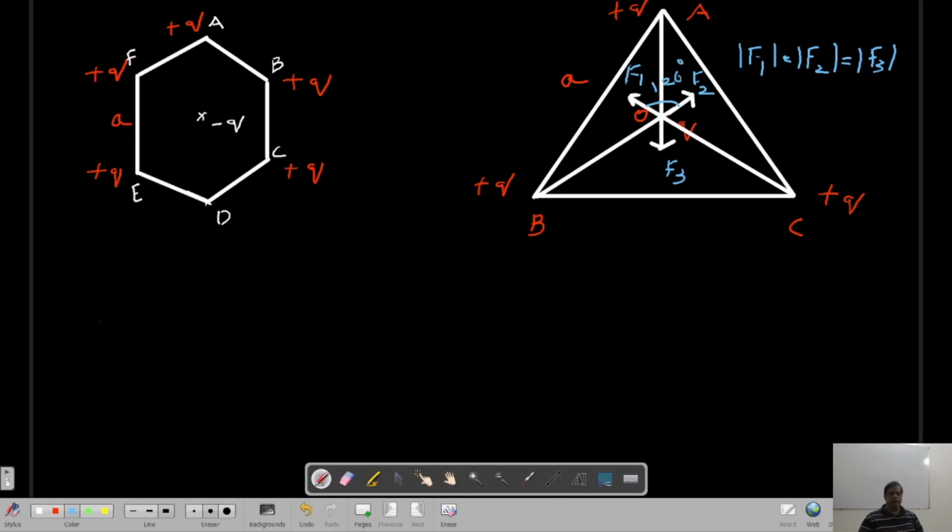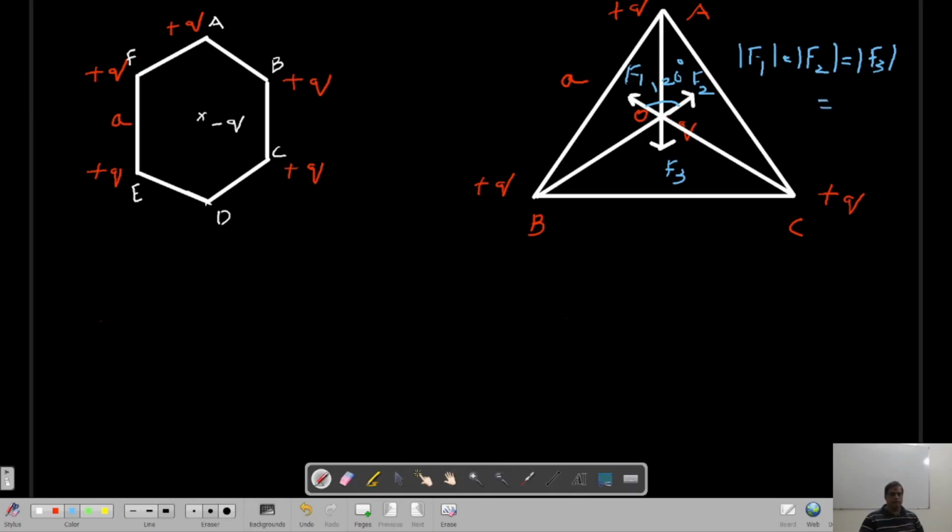Now what is the magnitude of the resultant of two vectors of equal magnitude acting at 120 degrees? If F and F are acting at 120 degrees, then the magnitude of the resultant is also F. So F1 and F2 have a magnitude equal to F, because mod F1 equals mod F2.